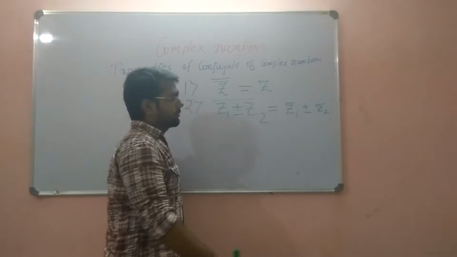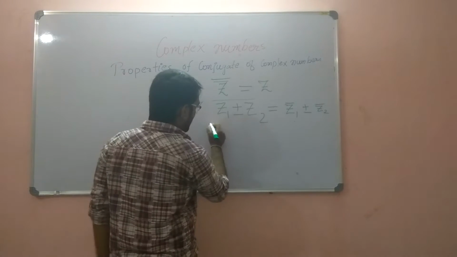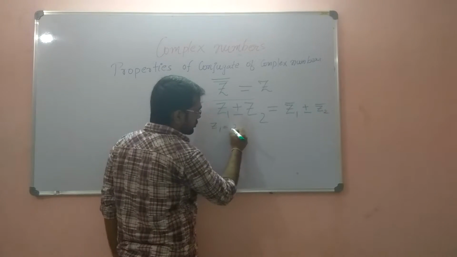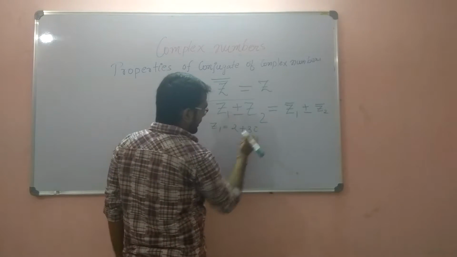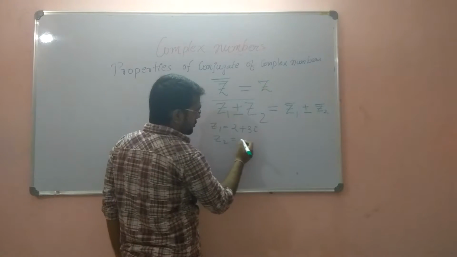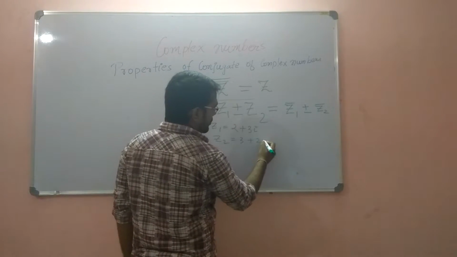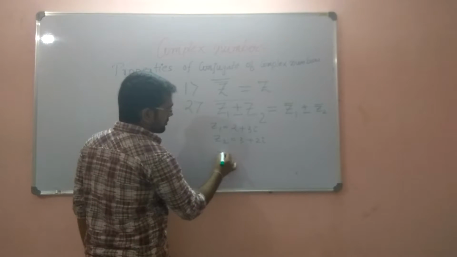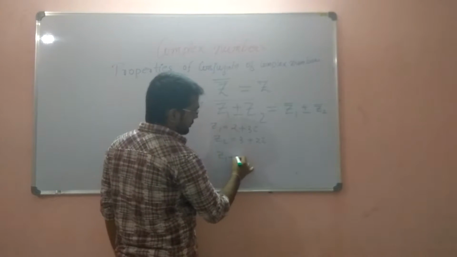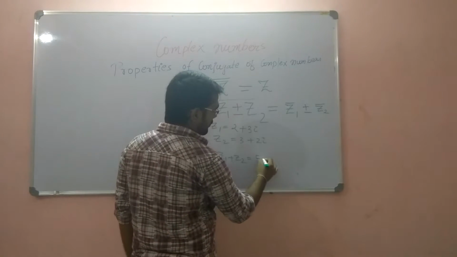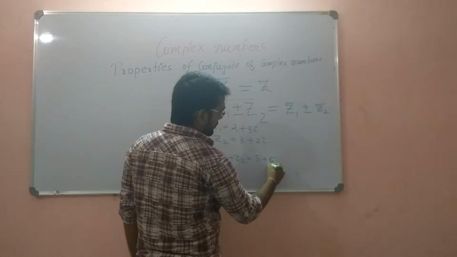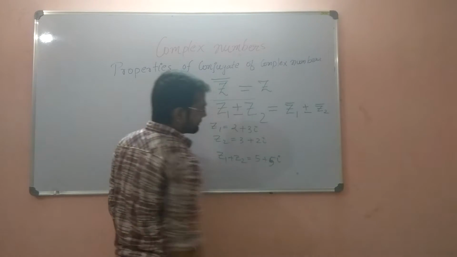So for example, if you have z1 equals 2 plus 3 iota, z2 equals 3 plus 2 iota, right? So z1 plus z2 equals 5 plus 5 iota, right?